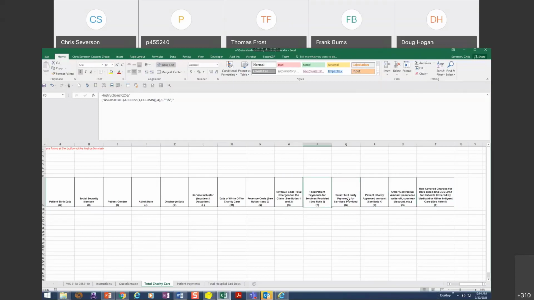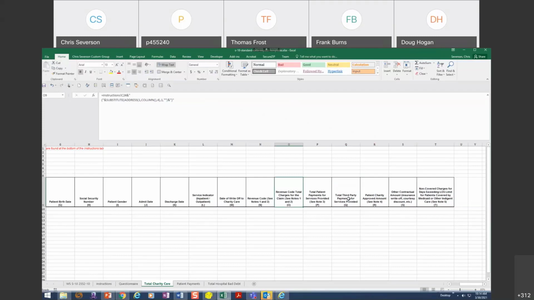Now, what it's also saying is that in no case can P, Q, R, and S exceed column O. You can't have more payments and charity care and all that other stuff than you do charges to begin with. But there could be a situation where O is greater than these 4. For example, you might have charges that there has not yet been a disposition. The insurance payment covered some of it. There might have been some written off to charity care.